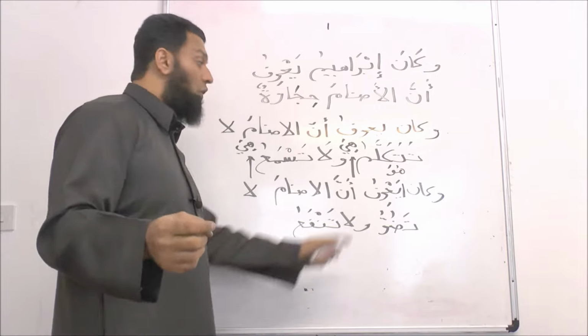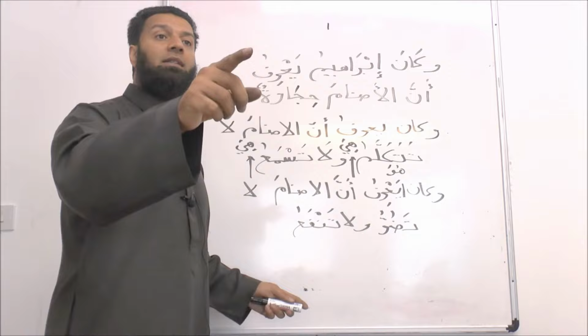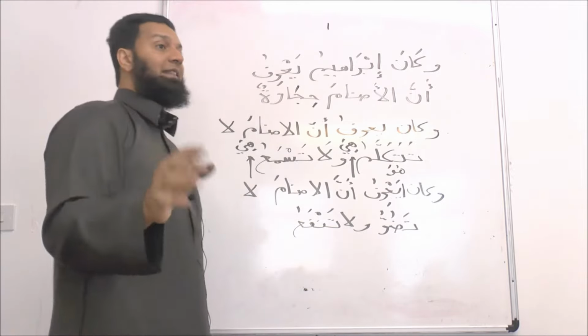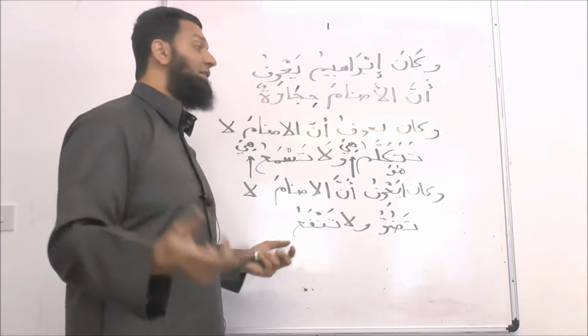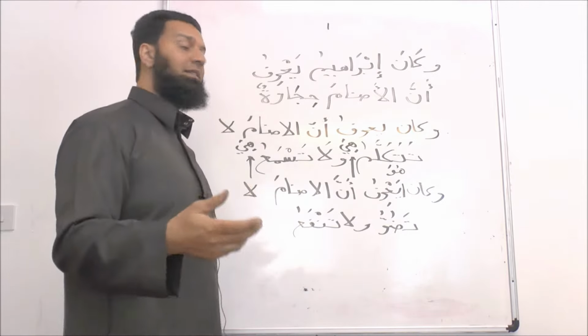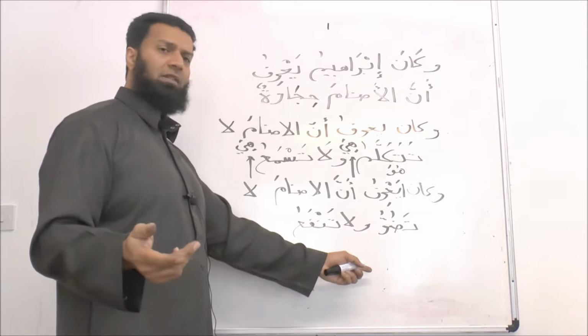But not always, as we just gave examples, because the ismu kana will always be there. It's not that it's not there, it's just that sometimes it will be mustatir, hidden, and sometimes it will be dhahir, present, like in the last two examples.